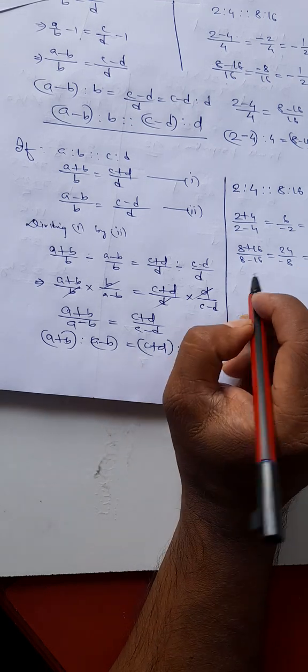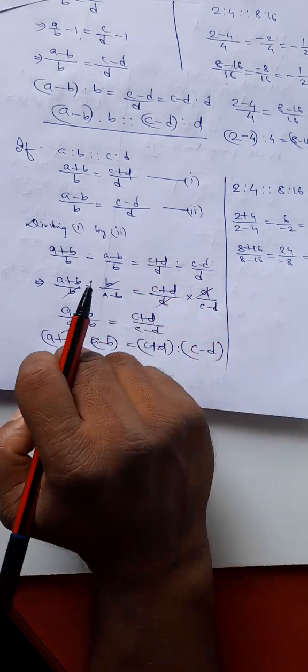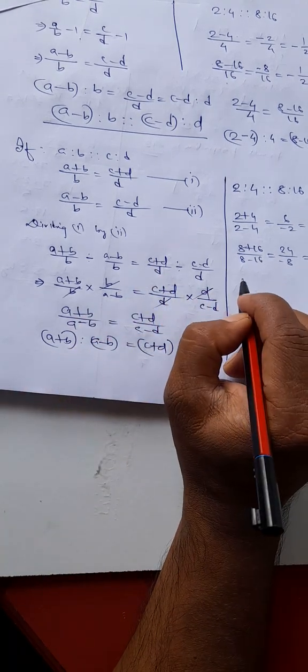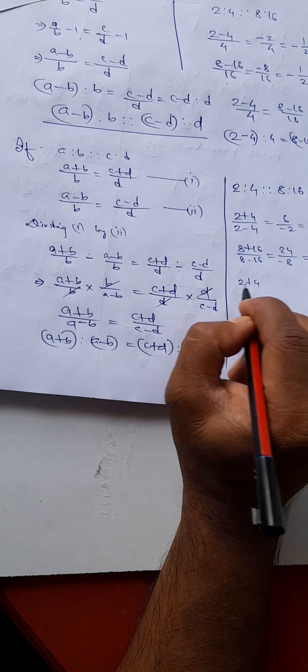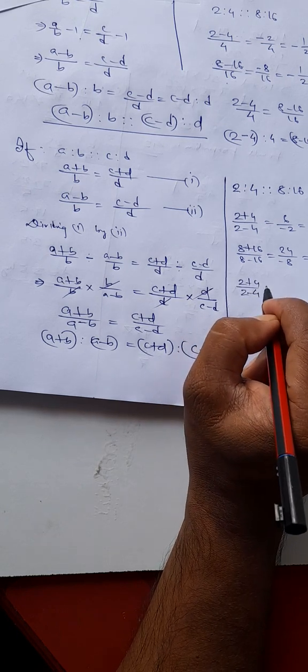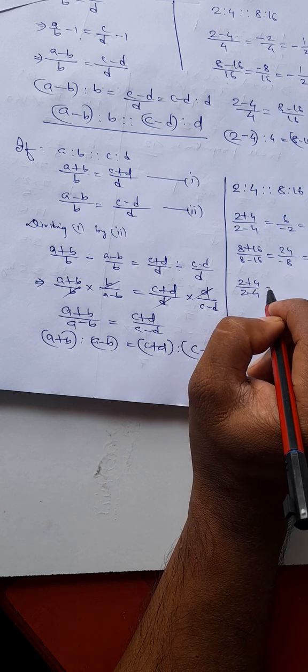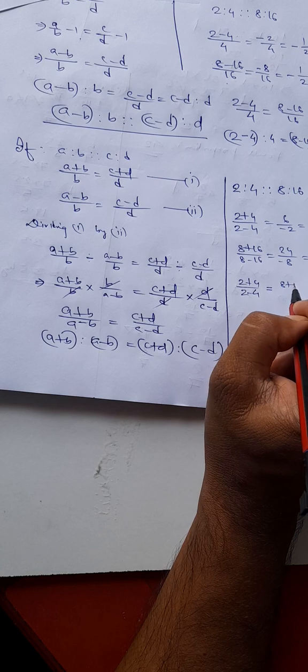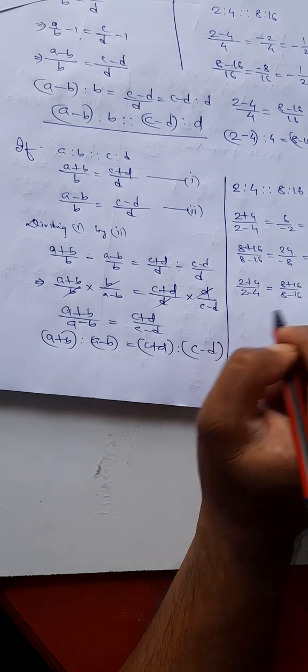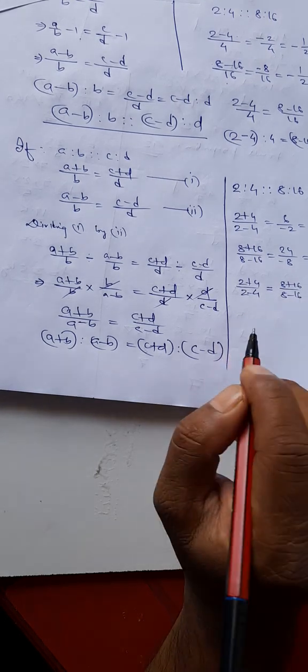So both are same. That means this property is true. A plus B by A minus B equal to C plus D by C minus D, right? Proportional.